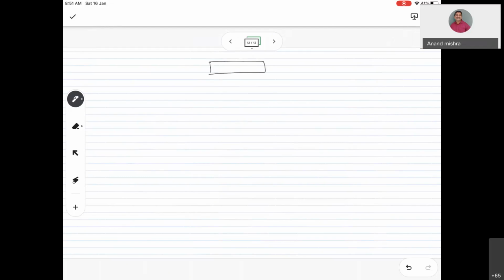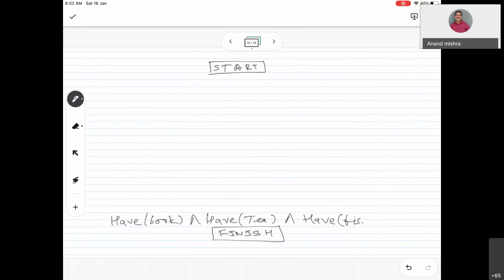We have a start, we have a finish. Finish has a few things, right? One of the things is have book, and have tea, and have biscuits, and at home.